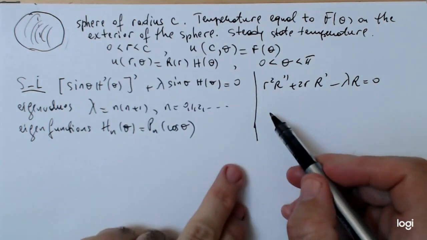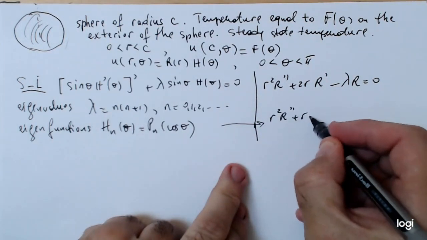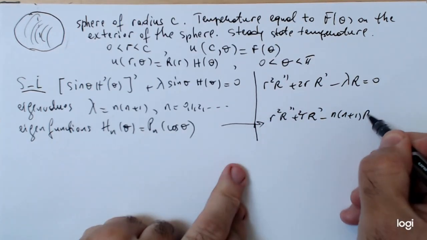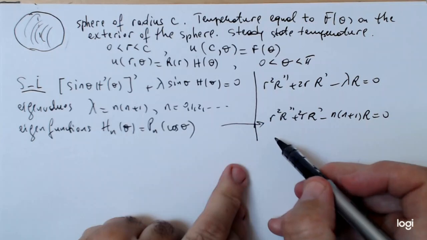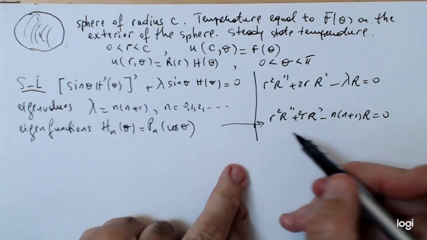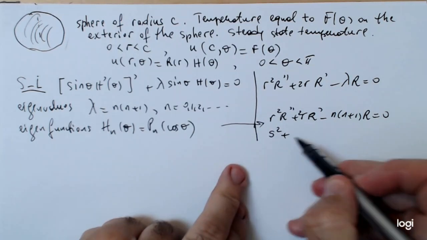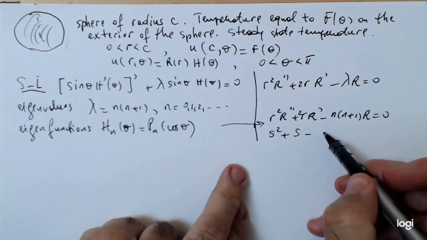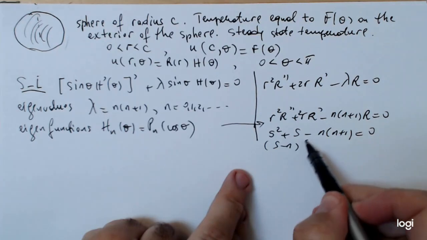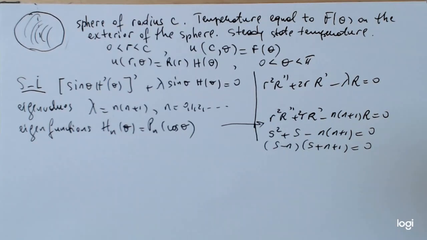Go back now to the equation in R. You're going to replace lambda with n times n plus 1, and the characteristic equation, remember, of this Cauchy-Euler equation, let's use the characteristic equation in s, just to not confuse it with R. It's going to be s squared plus s minus n times n plus 1. So very similar to the one before, and this factors again into (s minus n)(s plus n plus 1).